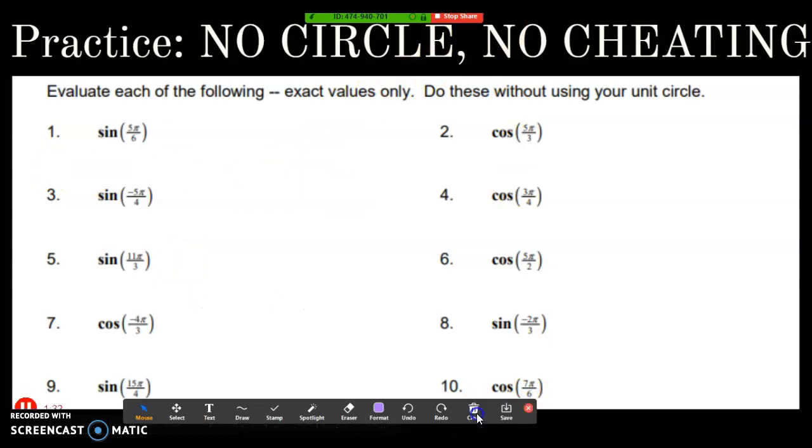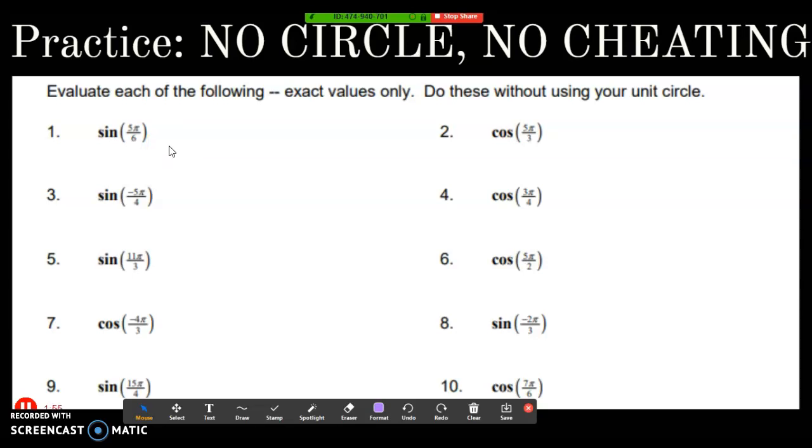And this is where we're going to actually put this to practice. Now, what I want to do is change some of these into degrees, because when you go onto your Khan Academy assignment, you are going to see some of these angles in degrees as well.